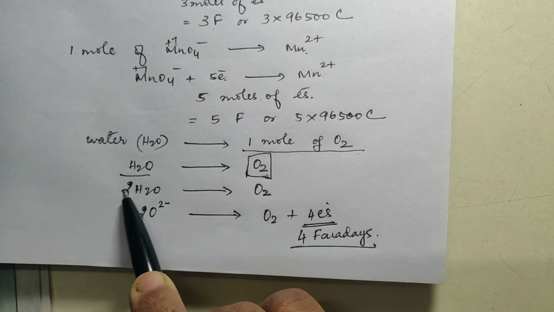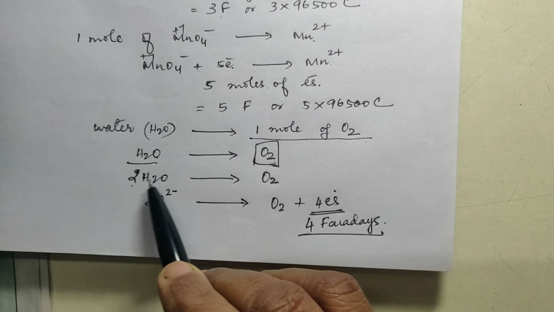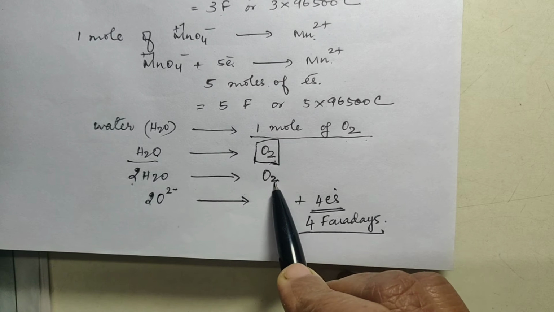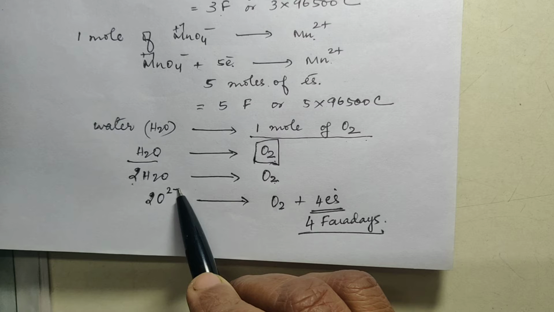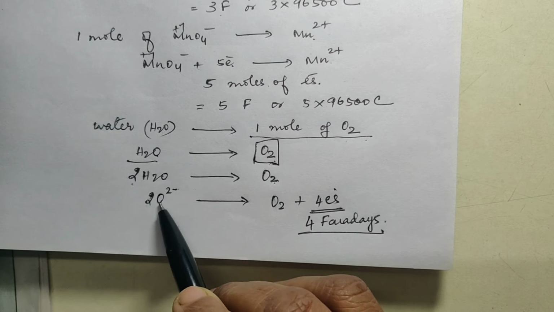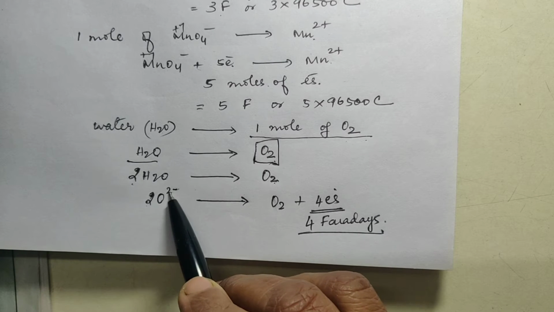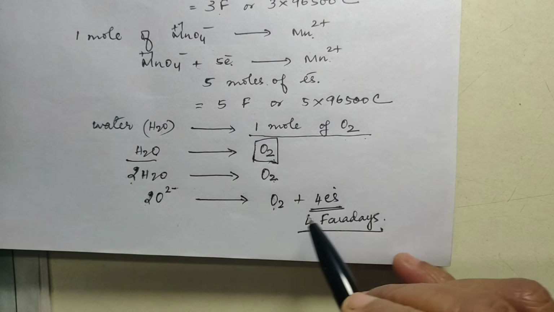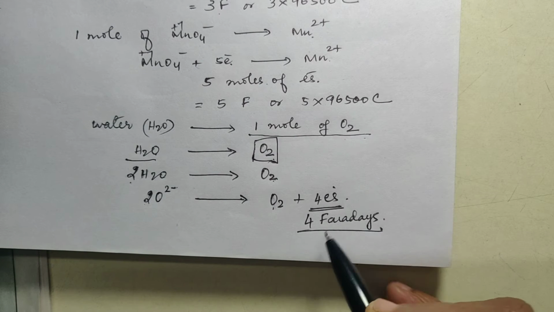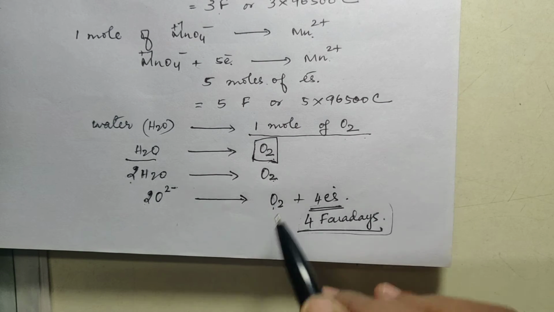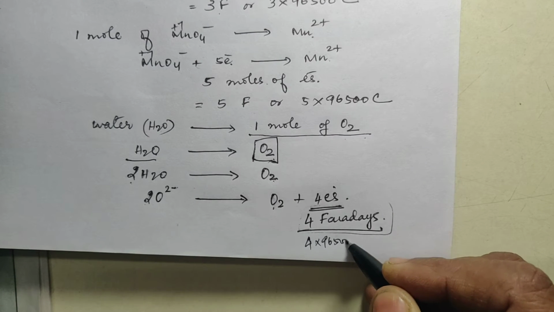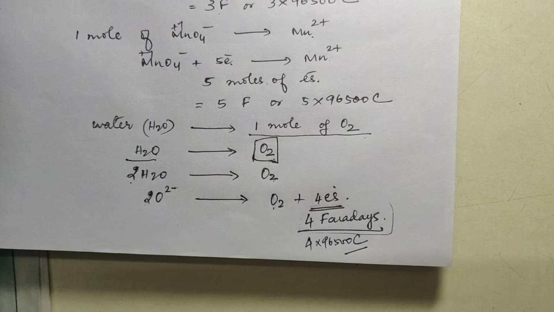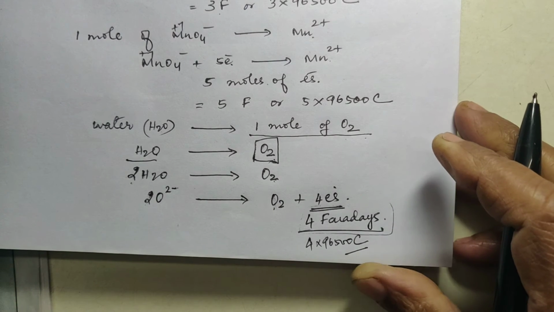So you need 2 moles of water. 2 moles of water will give you 1 mole of oxygen. How do you write this? You write it as 2O2 minus. 2 into 2 minus is 4 electrons. So O2 plus 4 electrons. What is the amount of charge involved here? 4 Faradays or 4 into 96,500 coulomb. Got it? So this is how you will get it.